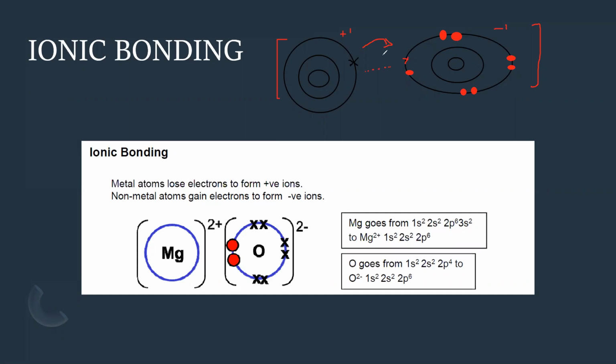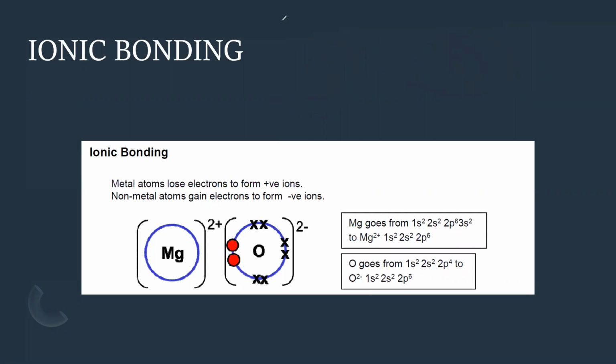First, we will write the electronic configuration for magnesium. As we know, magnesium is Mg, 12 and 24. So if I write the electronic configuration for this, it means it has 12 protons and 12 electrons because overall it is neutral.